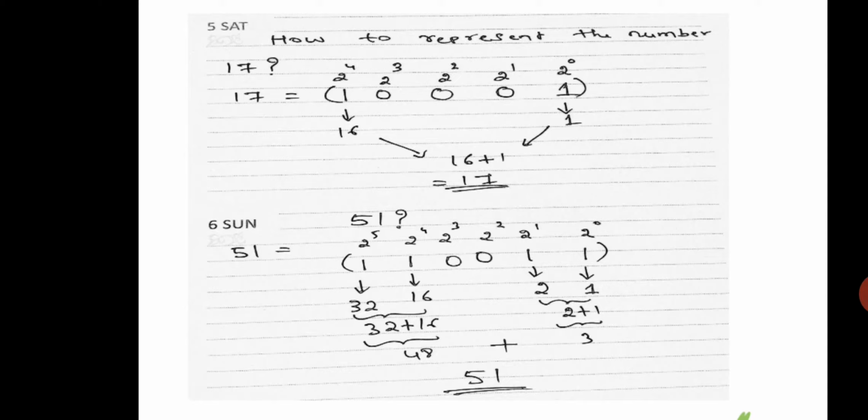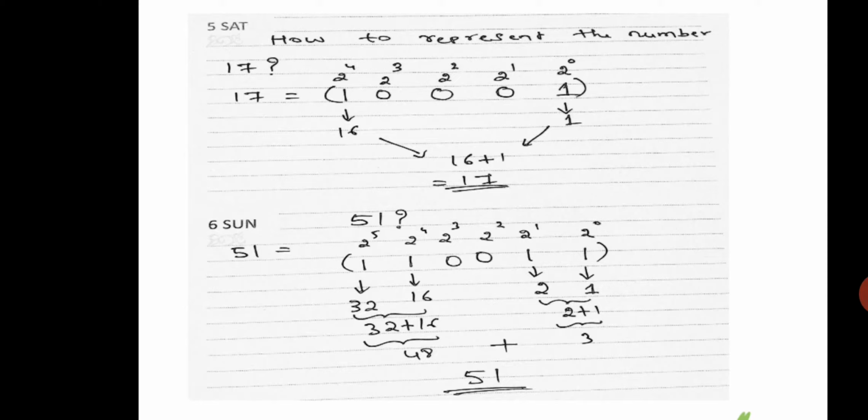Do you need 2 to the power 2? If you need 2 to the power 2, what value are you going to get? You are going to get 52. Why? 48 plus 2 to the power 2 is nothing but 4. So 48 plus 4 is 52. I don't need 52. I just need 51.